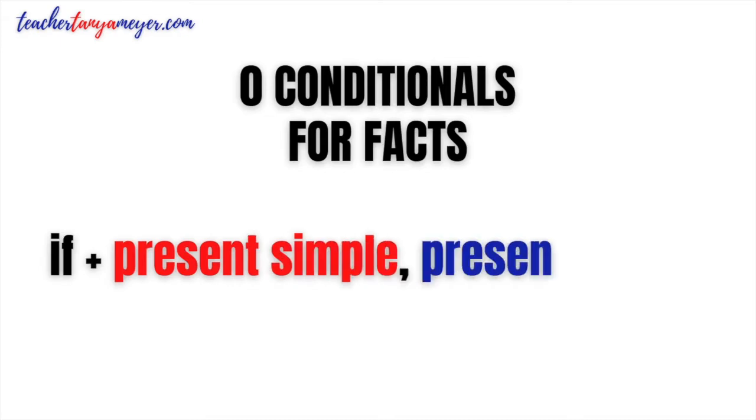And so it is a fact that if you leave ice at room temperature, it melts. The condition is that you leave ice at room temperature, and the result is that it melts. So in order to express that this condition always produces this result, we need the 0 conditional. So the 0 conditional is used to express facts and things that are always true.